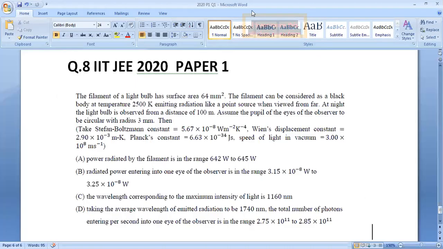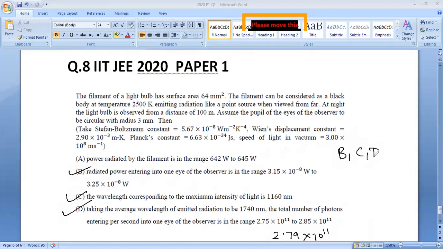Now we have already seen that option B is correct, option C is correct, and here the number is 2.79 into 10 raised to 11. So option D is also correct. So the correct answer for the question will be B, C, D. Thank you.